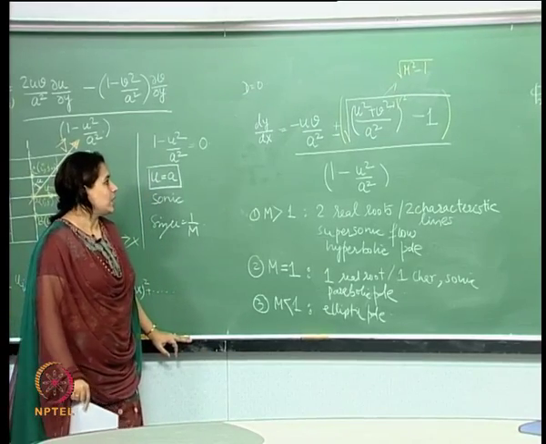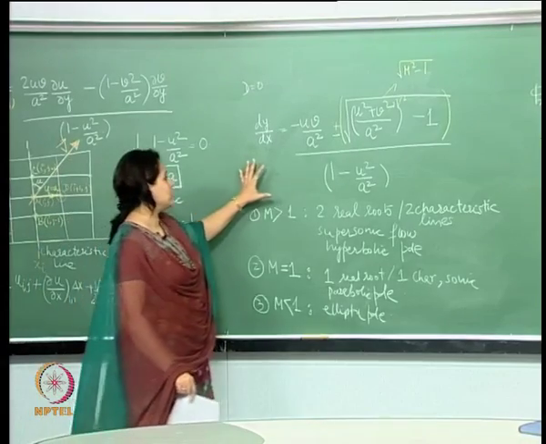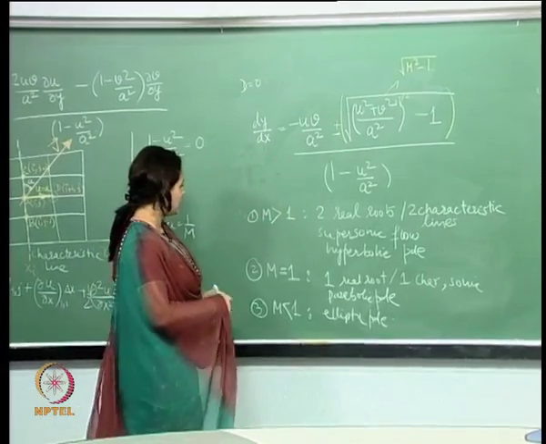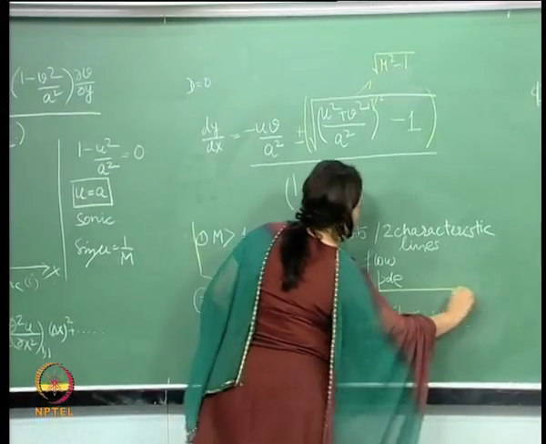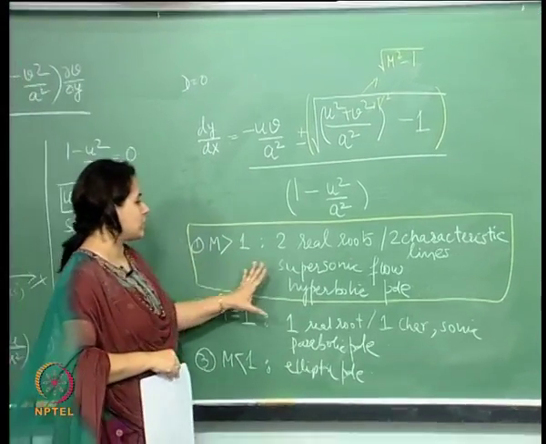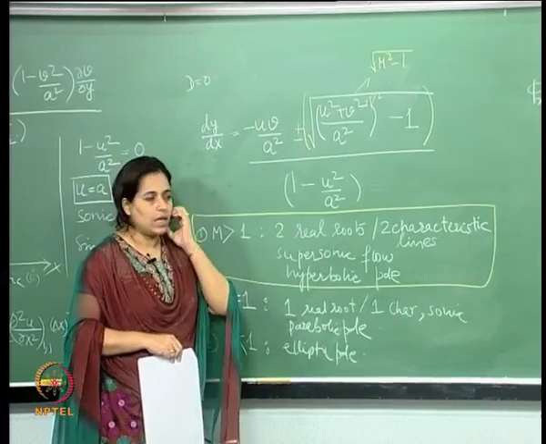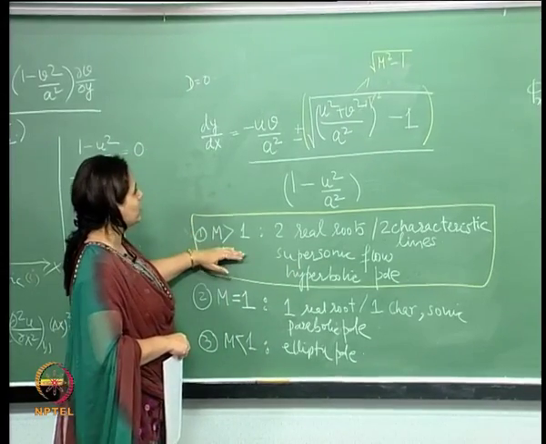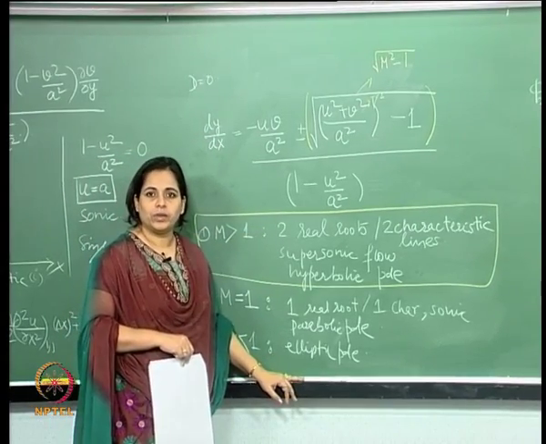So we are essentially concerned with this. When we are going to solve for supersonic flows, we are going to look at hyperbolic PDEs, and in this case we are essentially using the characteristics.